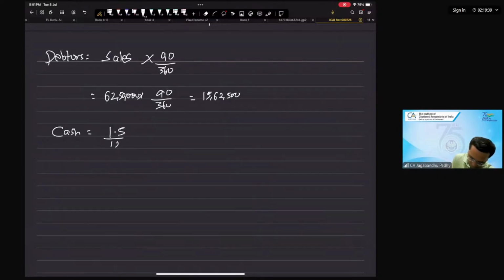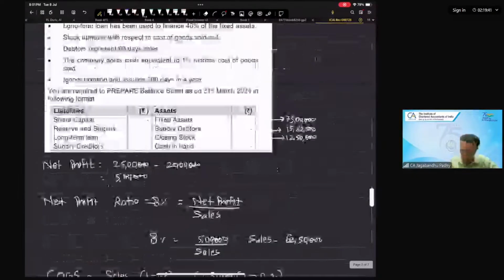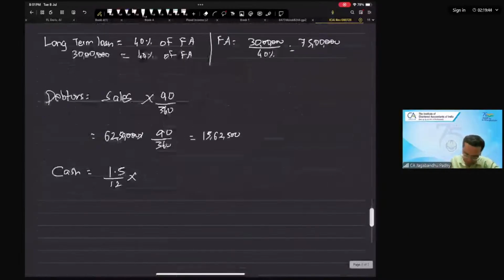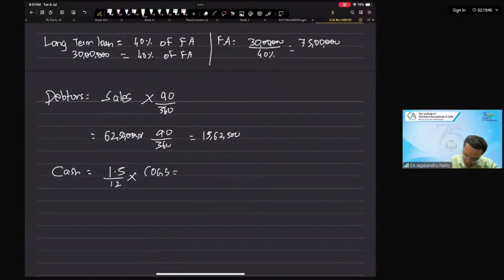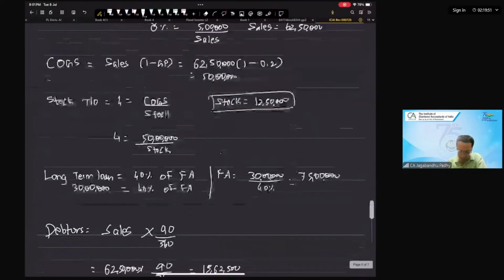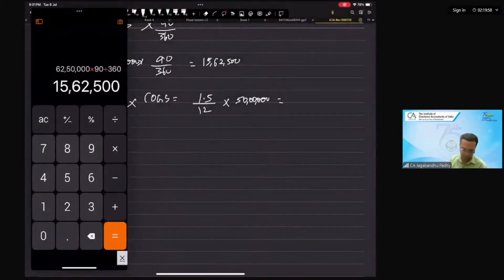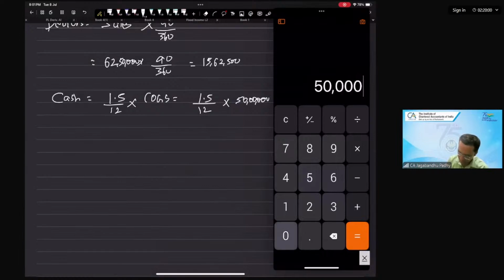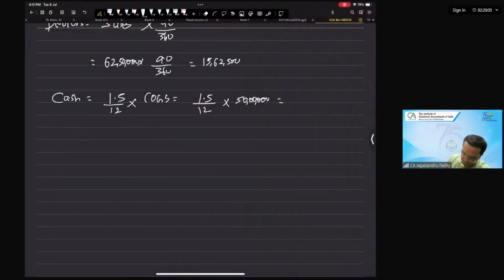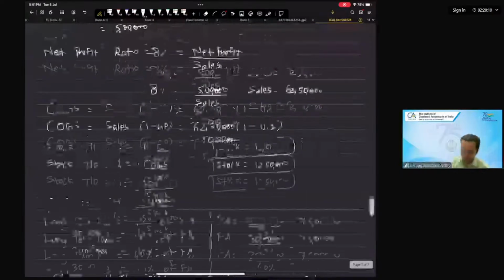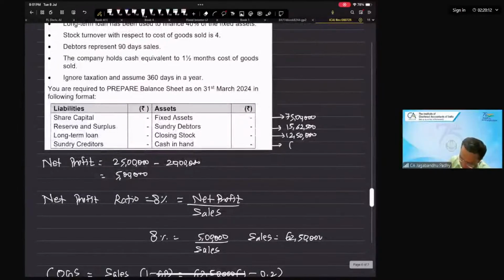So cash is 1.5 by 12 into COGS, which is 50 lakh. 1.5 by 12 into 50 lakhs, which is 6 lakh 25,000. So cash is 6 lakh 25,000.